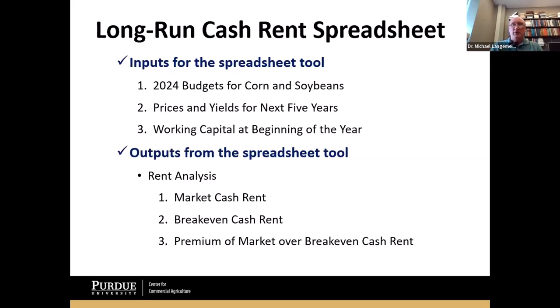The other thing you really need to think about is, how is price going to be determined? And quite frankly, whether I used a flex lease or not would really depend on the landlord I'm dealing with. If I'm dealing with a landlord that is really not going to understand the ins and outs of production agriculture, and it's going to be very difficult to explain the threshold and price settlement, don't do it.